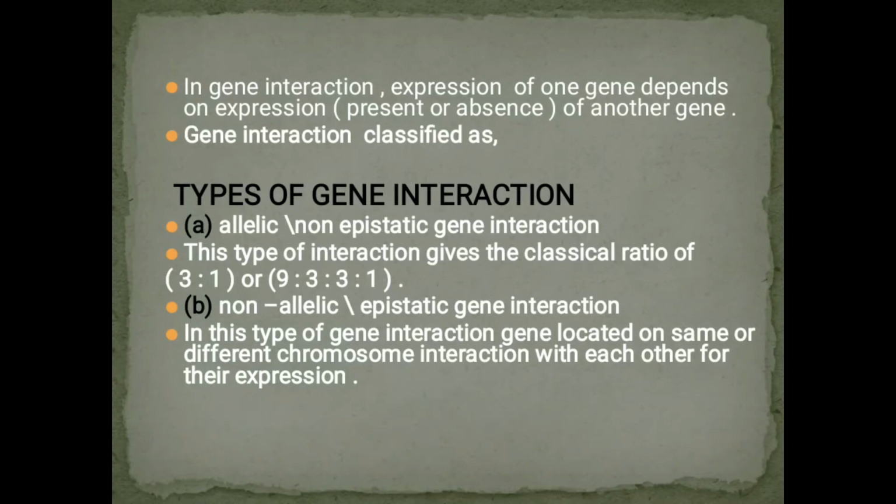In gene interaction, the expression of one gene depends on the expression, either present or absent, of another gene. Gene interaction is classified as allelic or non-epistatic gene interaction, which gives the classical ratio of 3:1 or 9:3:3:1.